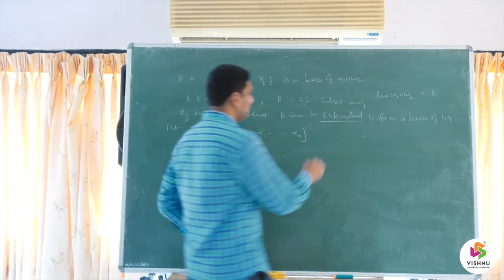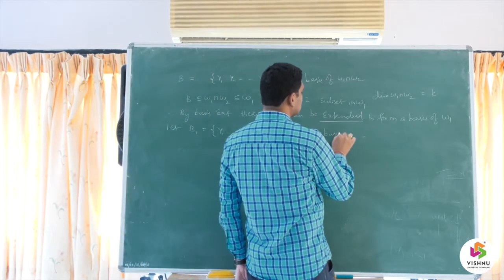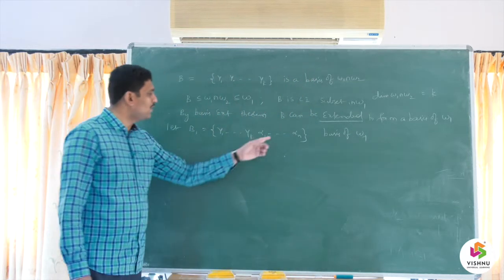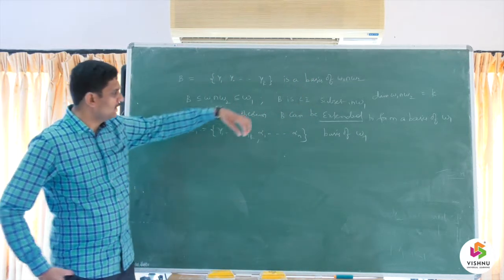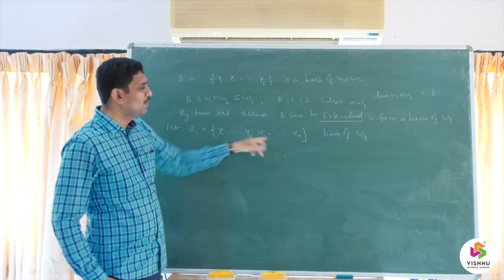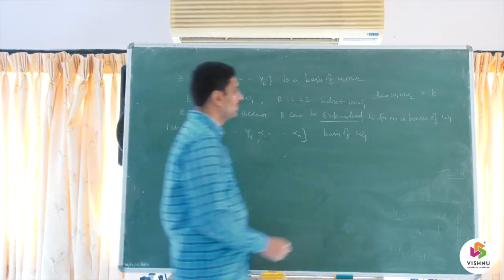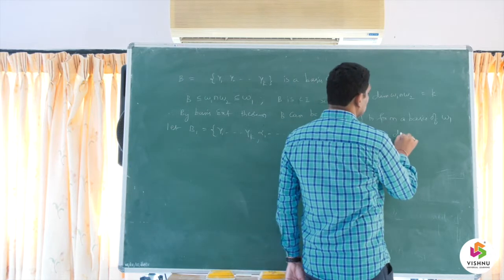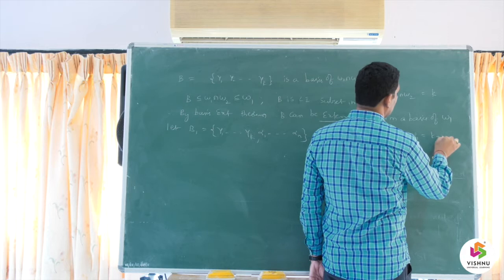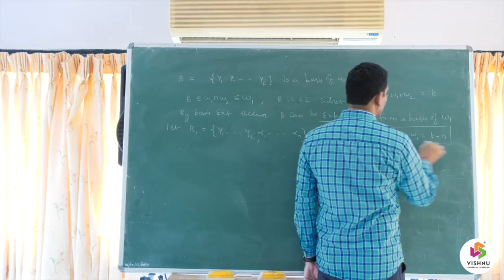I take this as a basis of W1. Now tell me, in total how many elements are there? Alphas are n, gammas are k, total n plus k. Therefore, dimension of W1 is equal to k plus n, or n plus k, whichever way you write it.